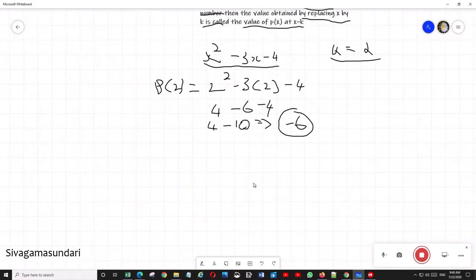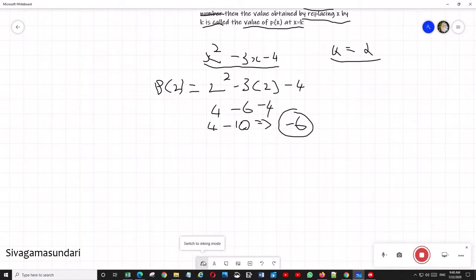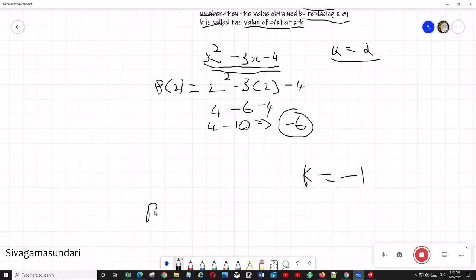Now let us consider another example, the same polynomial. Let k is equal to minus 1. Then p of minus 1 is equal to minus 1 the whole square minus 3 of minus 1 minus 4.